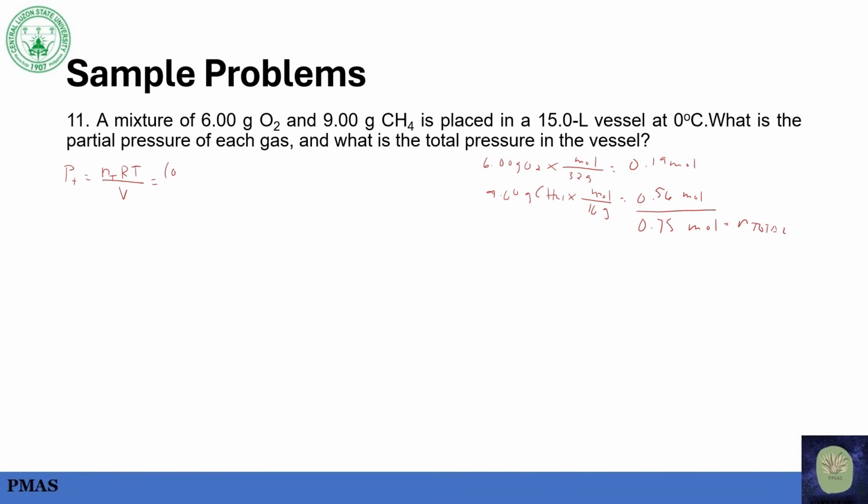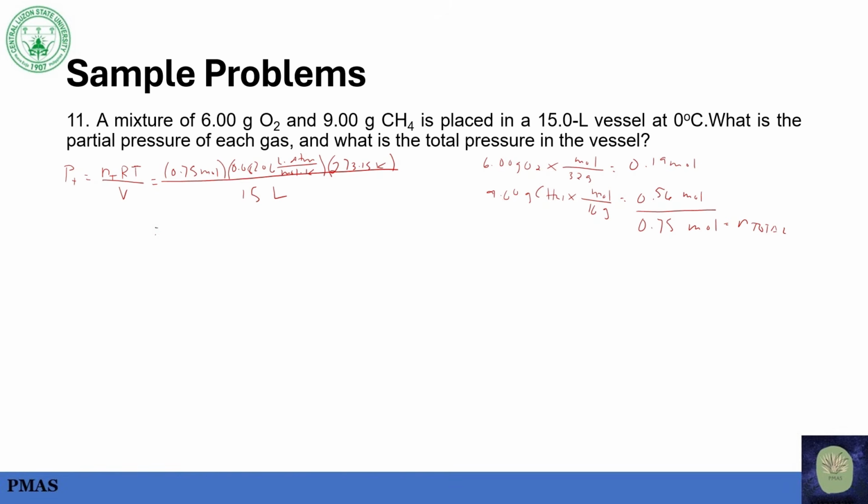So we have 0.75 mole, our universal gas constant 0.08206 liter atmosphere per mole Kelvin. And then our temperature is at 0 or 273.15 Kelvin. This is all divided by volume, which is 15 liters.